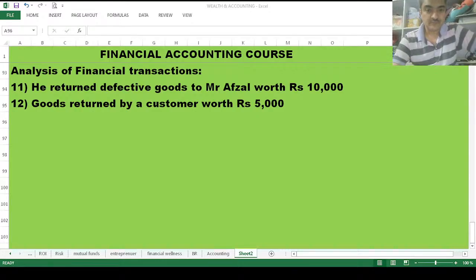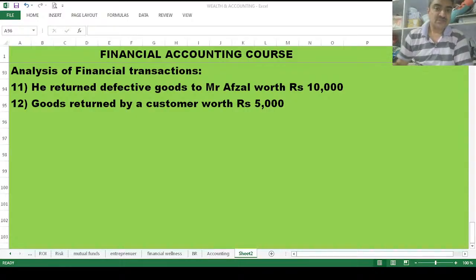In this transaction, goods sold to a customer have been returned by him to the business of rupees 5,000. So there will be a reduction in the amount receivable from Mr. Naim, which is a debtor, by rupees 5,000.